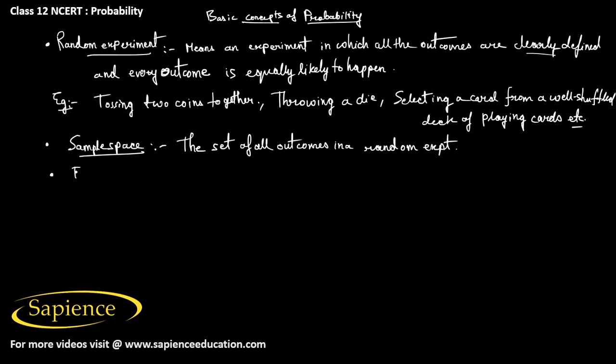Then what is meant by an event? An event is a set of some favorable outcomes. So an event is a set of some outcomes which are favorable to that event.